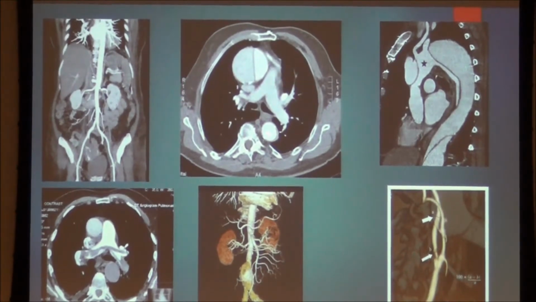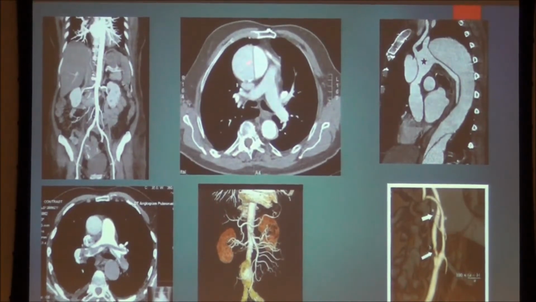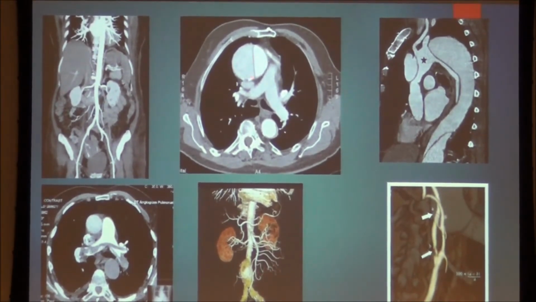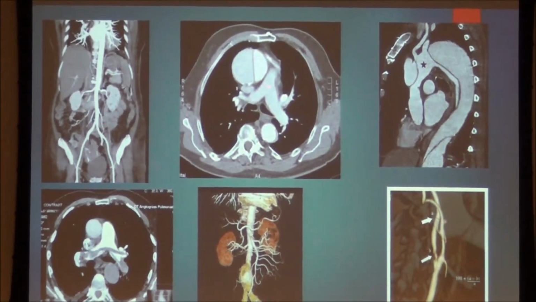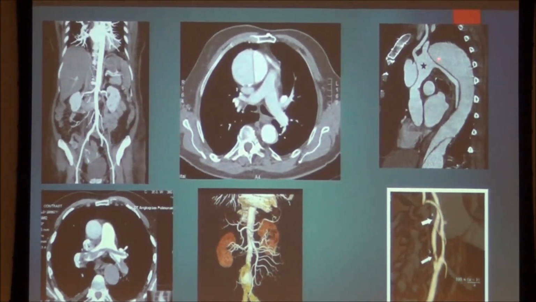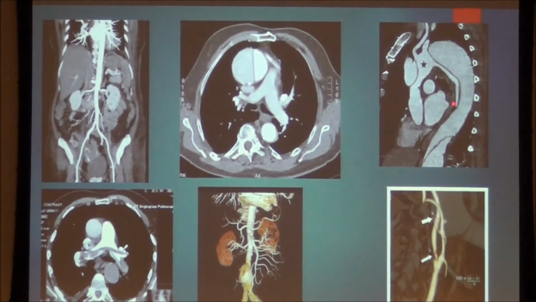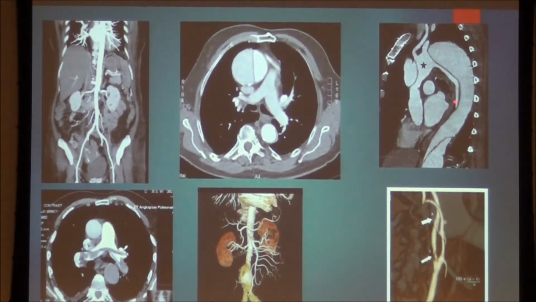Here, for example, in aortic pathology, you see this is a dissection in the ascending aorta. You see the true lumen and false lumen. False lumen is usually darker, and true lumen is on the other side. This is type A because it's very proximal. Again, another sagittal view of the CT angiogram of the dissection.